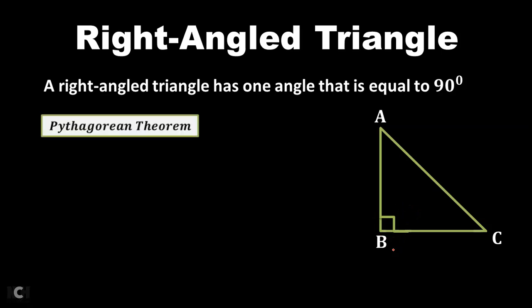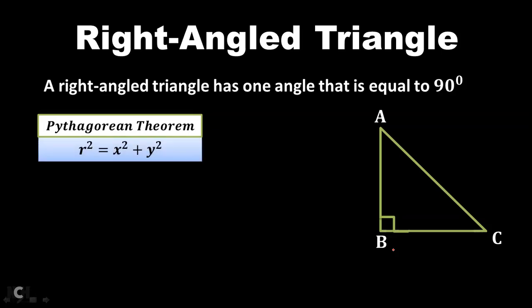produces the theorem called the Pythagorean theorem. Most of you know it as the theorem of Pythagoras. It doesn't make much difference. So it is denoted by r squared is equal to x squared plus y squared.